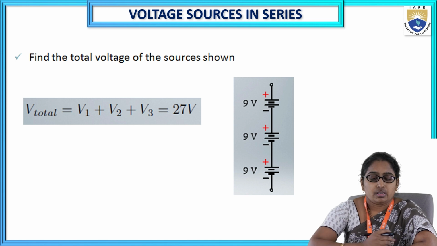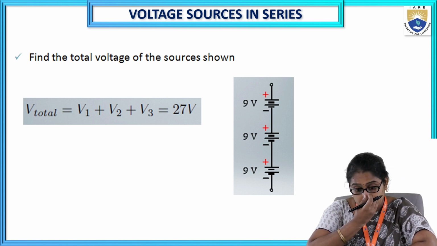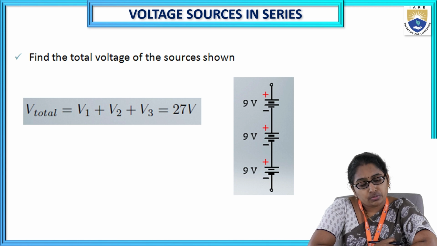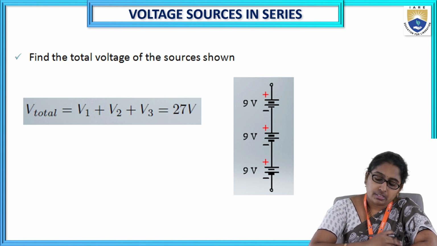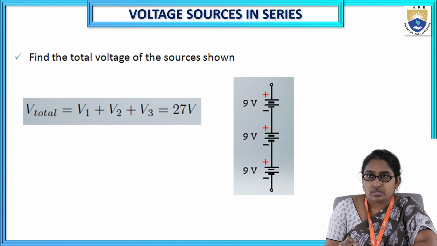Next, voltage sources in series. Find the total voltage of the sources shown. Here, shown on the right-hand side, three voltage sources, 9 volts, 9 volts, 9 volts, are connected in series. They're asking for the total voltage.